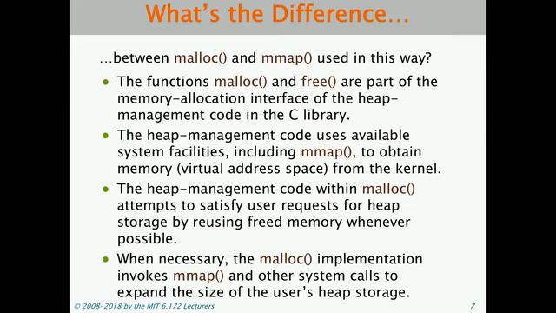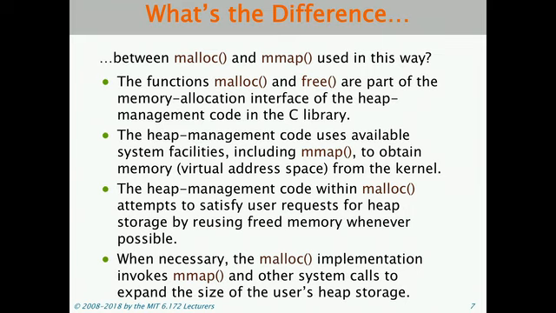And then the heap management code within malloc is going to attempt to satisfy user requests for heap storage by reusing the memory that it got from the OS as much as possible until it can't do that anymore, and then it will go and call mmap to get more memory from the operating system.